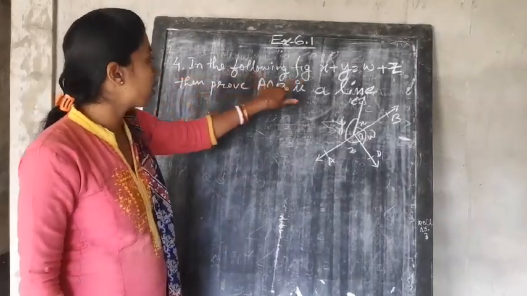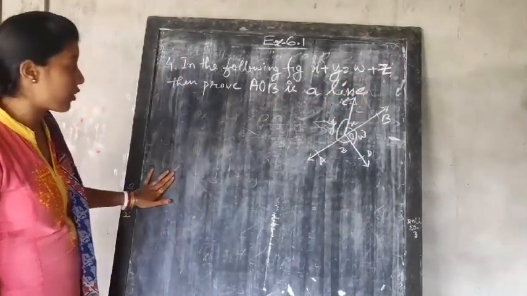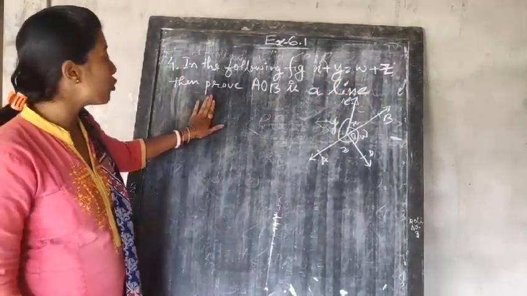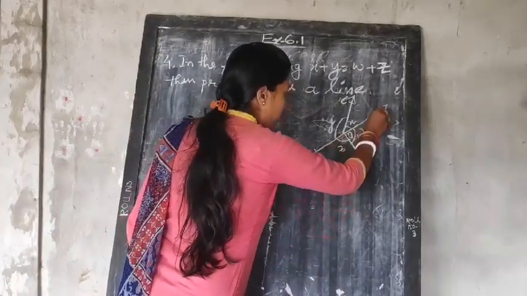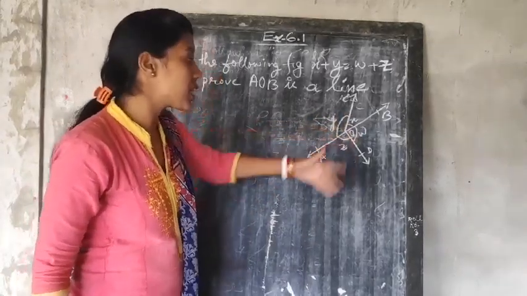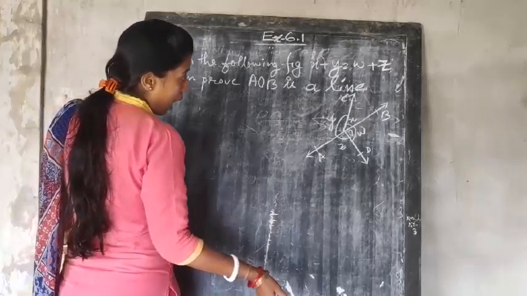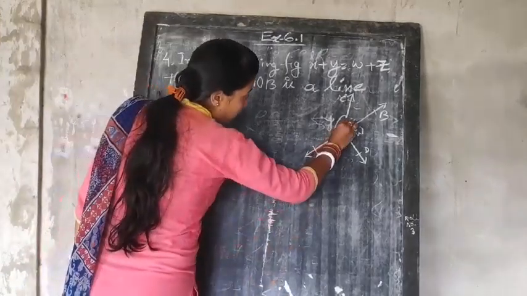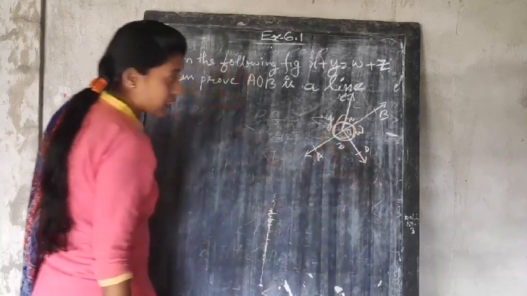In the following figure, x plus y equal to w plus z is given. You are to prove AOB is a line. AOB is a line, and x plus y equal to w plus z is given to you. So how will we start? You know that the sum of all the angles is equal to how much? 360 degree.